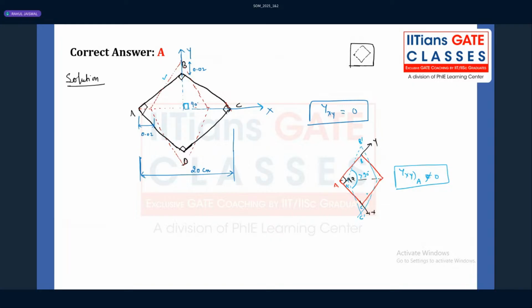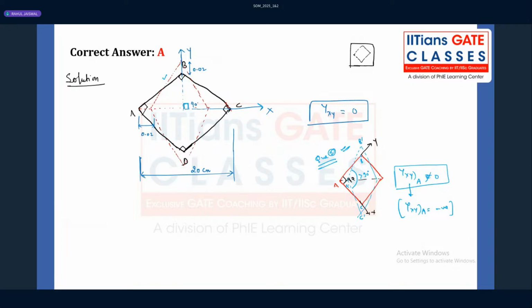But if I change my x and y axes, suppose I have given like this as a separate question, question number 2, then the angle before deformation is 90 degree, after deformation more than 90 degree. In fact, the shear strain for point A is negative, because we are calculating initial angle minus final angle, and the final angle is more than the initial angle, so it is negative.